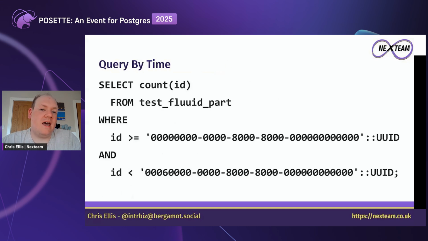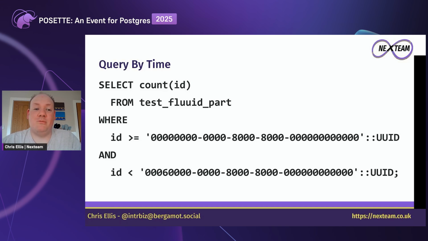And again, because we structured these IDs using the time portion as the most significant bits of the UUID, there is still some time correlation with our identifiers, and we can query these identifiers based on time. From Postgres' perspective, these identifiers are just 128-bit unsigned numbers.